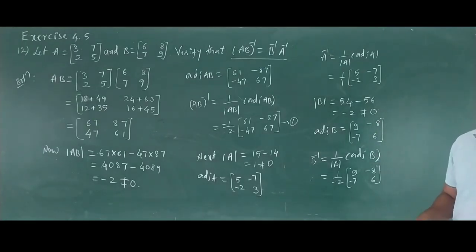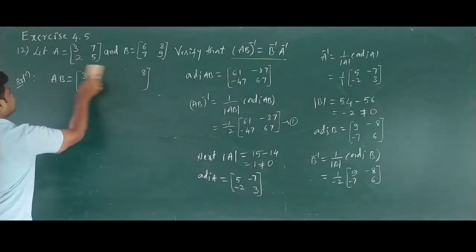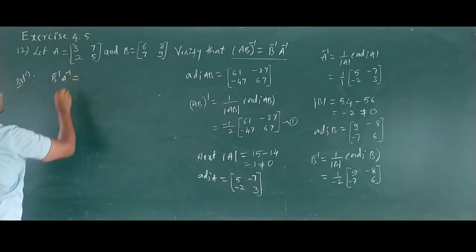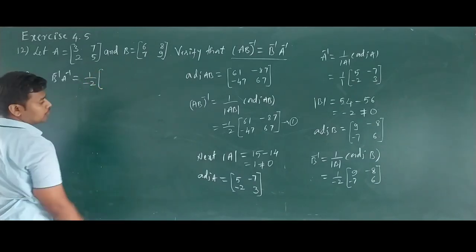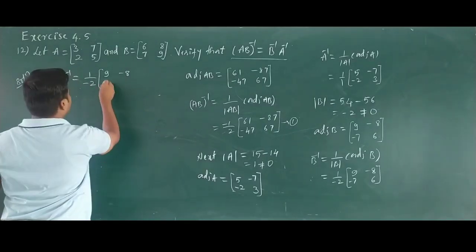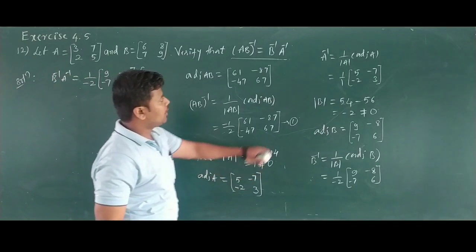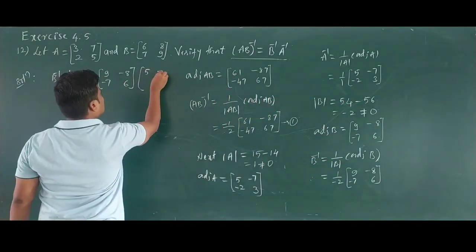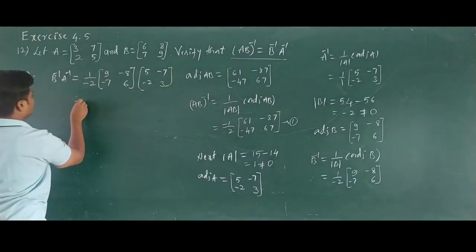Next, B inverse into A inverse equals B inverse, which is 1 by minus 2 into 9, minus 8, minus 7, 6, into A inverse. So 1 by 1 is 1 only. Then 5, minus 7, minus 2, 3. Multiply these two.